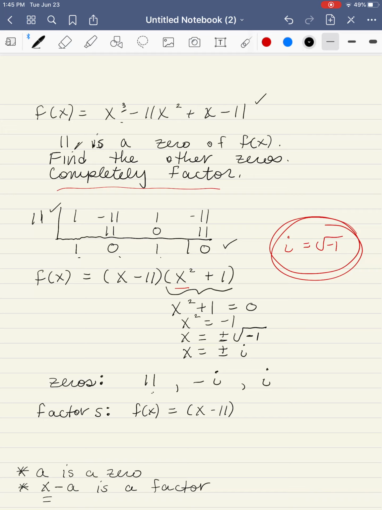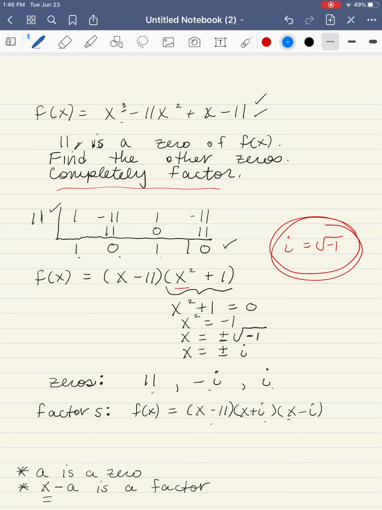So my polynomial is going to be x minus 11, using this zero, times x minus negative i, which is x plus i, times x minus i. So those are my three factors. If I were to multiply these together, I would have the original polynomial.